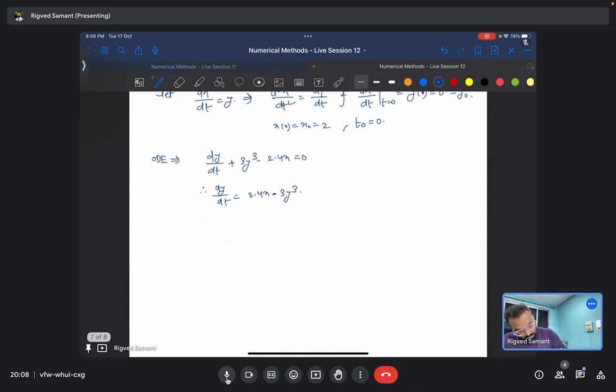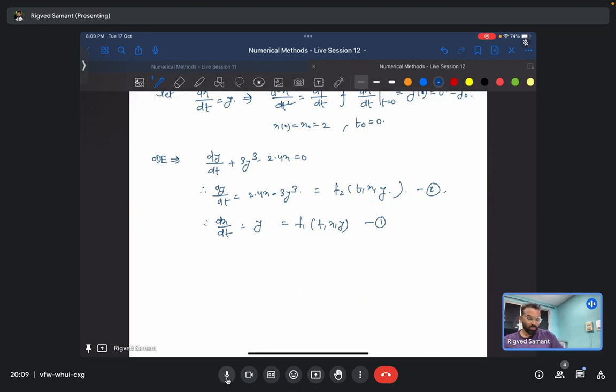So this is f2 of t, x, y, and the second equation is dx by dt is equal to y, that is f1 of t, x, y. So equation 1, equation 2.